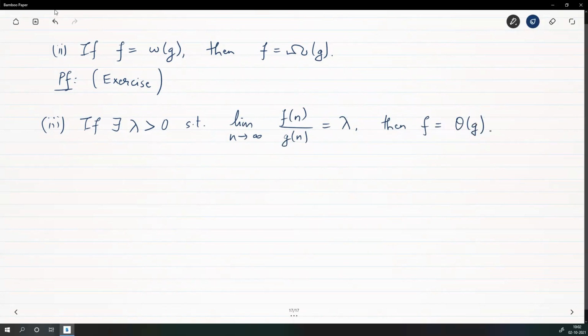This limit converging to a positive number is a stronger condition.